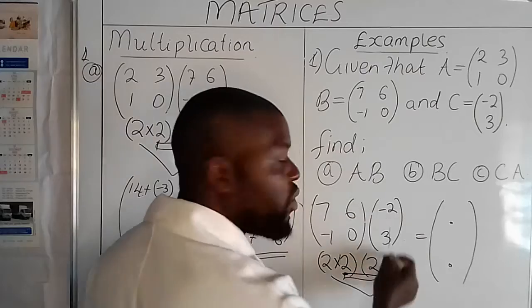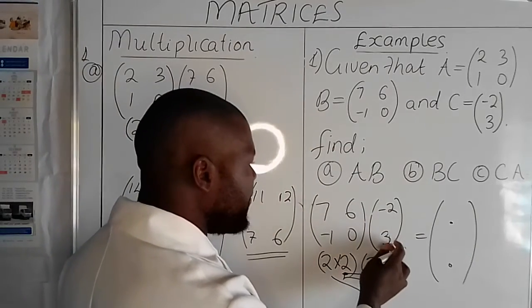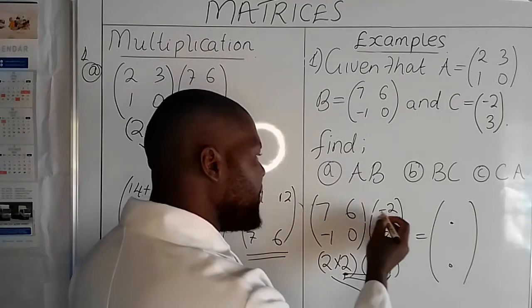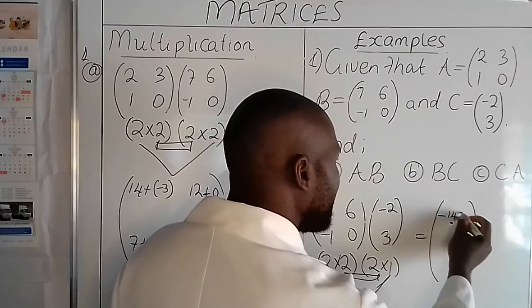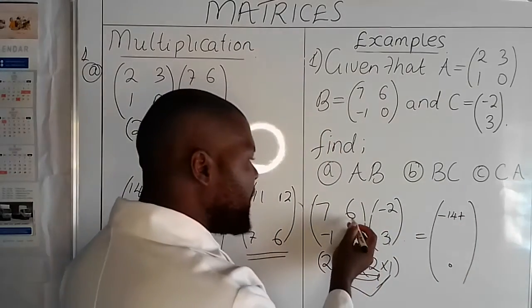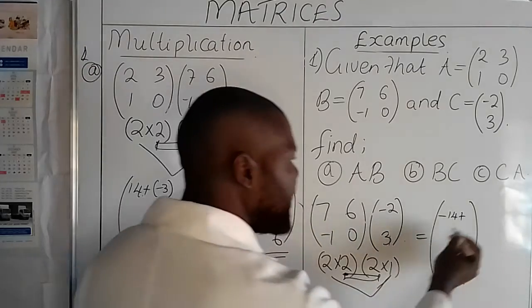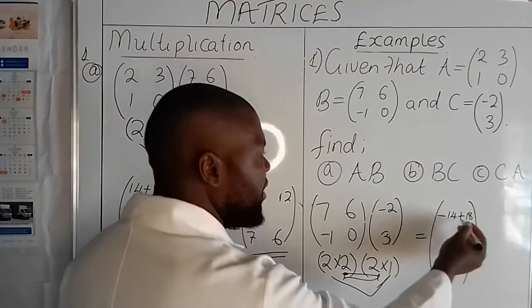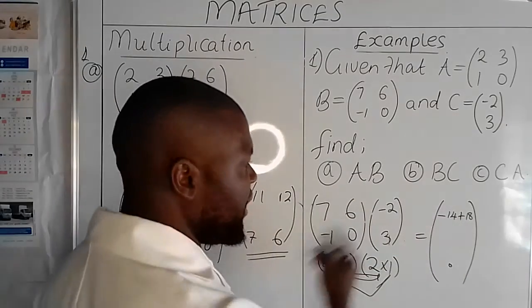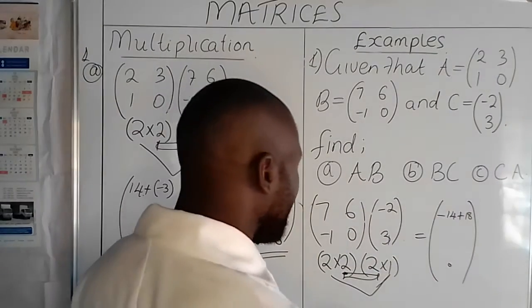We say 7 times negative 2 is negative 14, plus 6 by 3 is 18. So the element for this one, we get by adding those, which is 4.